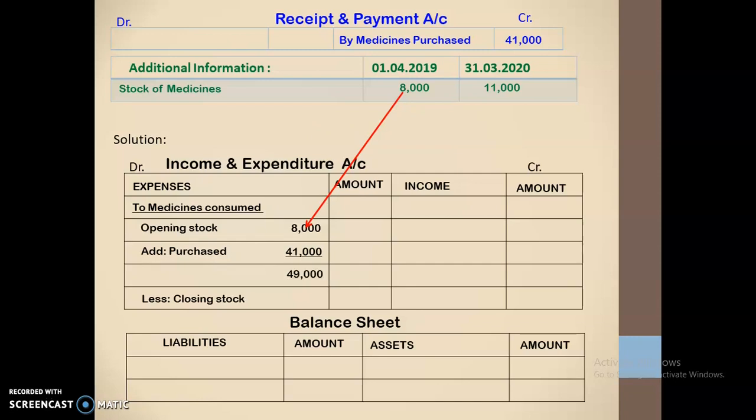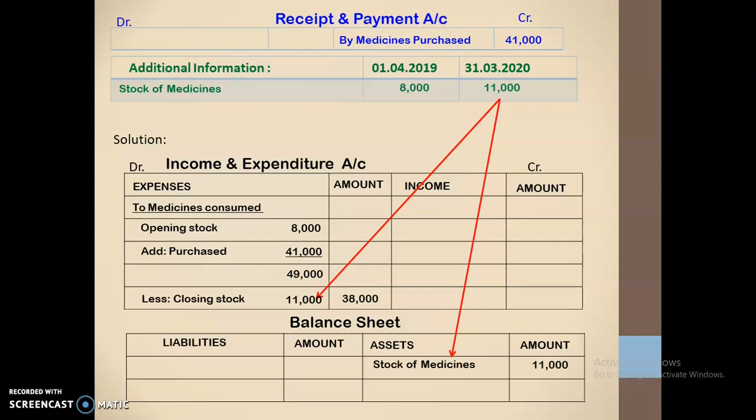That means we have medicine worth rupees 49,000. Out of that 11,000 is not used, which is our closing stock for the current year. So we get 38,000 as medicine consumed for the current year. This 11,000 closing stock will be shown on the asset side of balance sheet as stock of medicine.